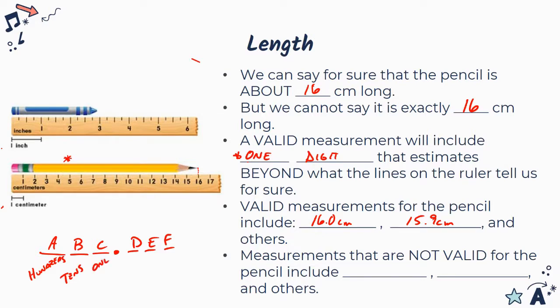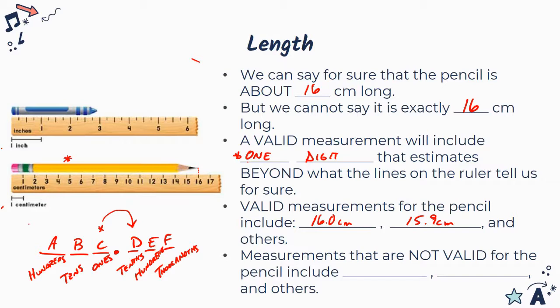C represents the ones, and then after the decimal, D represents the tenths, hundredths for E, and thousandths for F. And so what that really means is that if we are confident, meaning our measurement tool shows us one of these, like let's say if we're looking at our pencil, it's showing us the ones, we have to estimate the next place over.